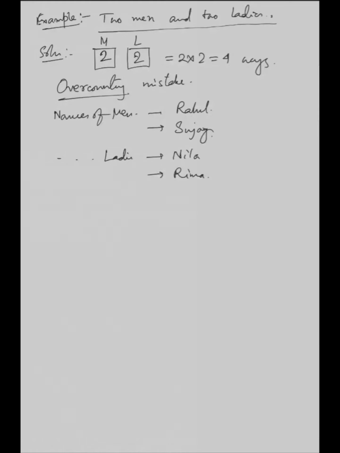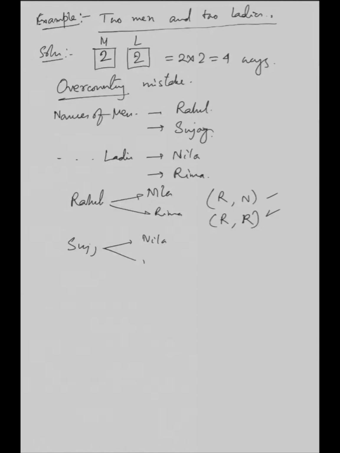So for Rahul, you may choose Neela or Rima. Rahul and Neela is a couple. Again, Rahul and Rima is another possibility. Two possibilities are there. And for Sujoy, two possibilities are there. Sujoy and Neela is a couple, and Sujoy and Rima is another couple.